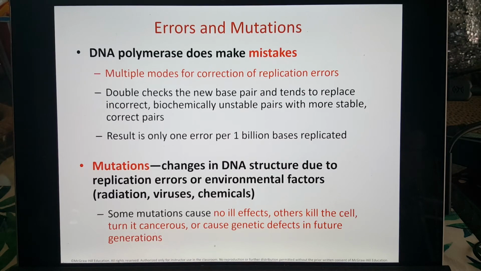They're not helping out the tissue, they're just growing, sucking up the body's resources. Or it can cause genetic defects in future generations. So for example, when you're making your haploid gametes, your sex cells, your sperm and egg, whatever mutation happens occurs in the new generation if the egg and sperm meet in that situation.